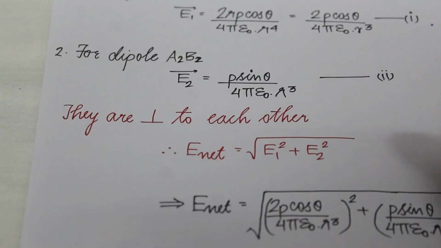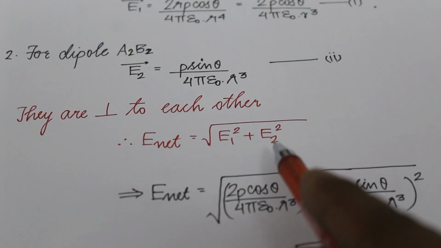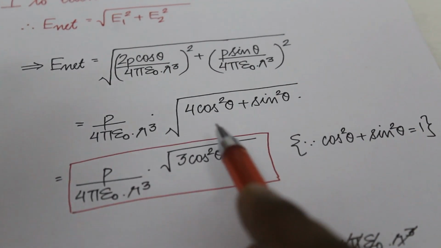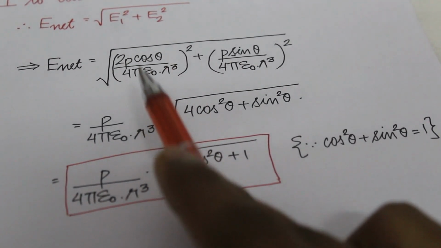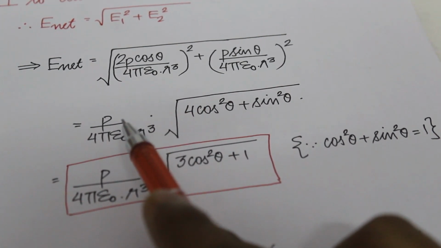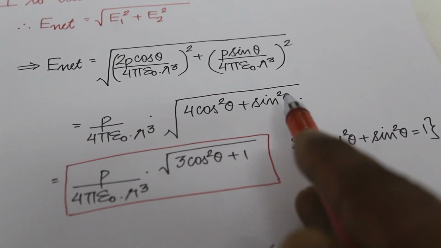So how will we find out E net? It will be equal to under root E1 square plus E2 square. On solving, this is the solution. As you can see, I have taken out p upon 4 pi epsilon naught r cube outside the under root. Inside it will be 4 cos square theta plus sin square theta.